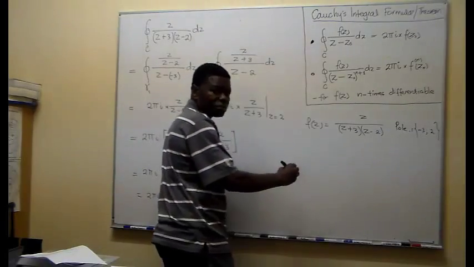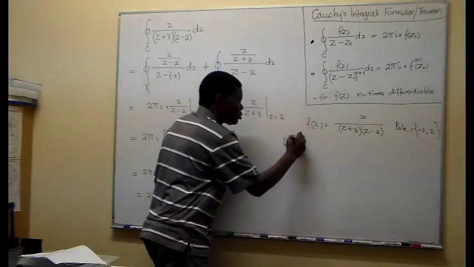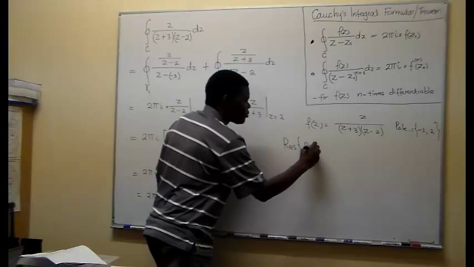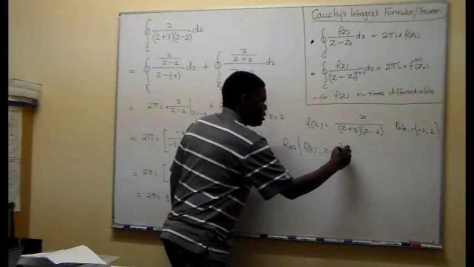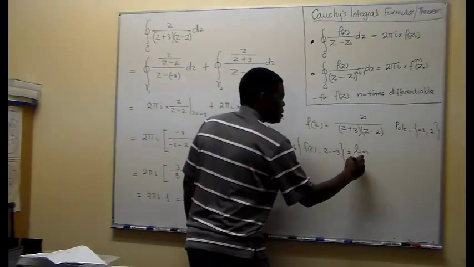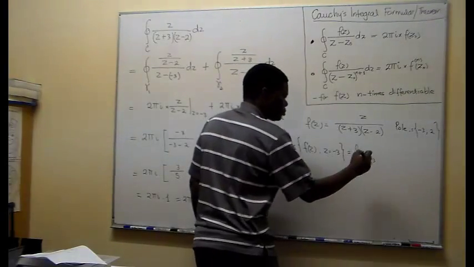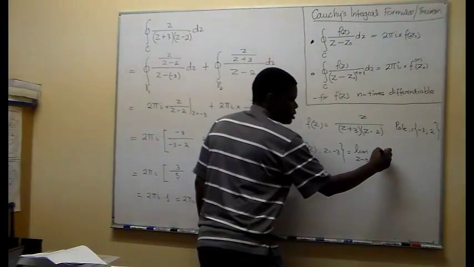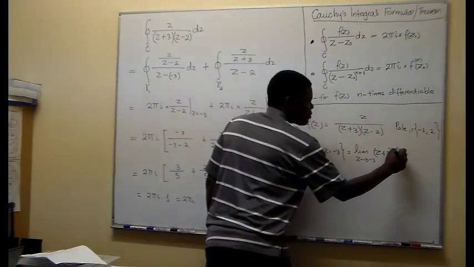Then we write it this way, say residue. This is just notation. Residue of f of z at z equals minus 3. And this is a simple pole. This is equal to the limit as z is going to minus 3 of z minus minus 3, which is z plus 3, multiplied by f of z.